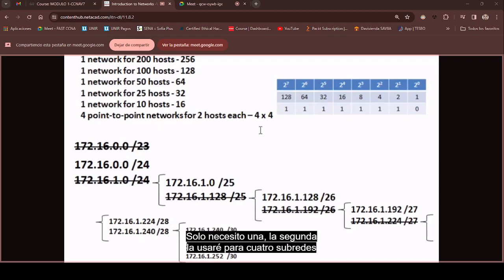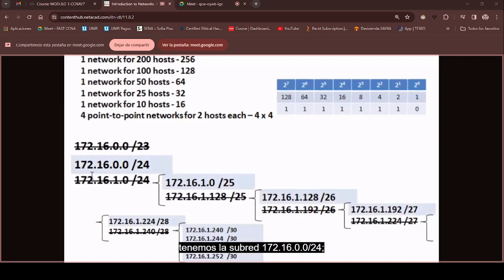The second one I'll use for 4 subnets of 4 hosts each. So now instead of the 240 /28 subnet, I have the 240 /30, the 244 /30, the 248 /30, and the 252 /30 subnets.